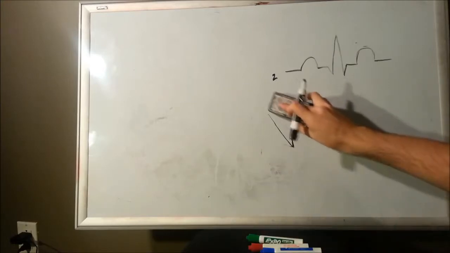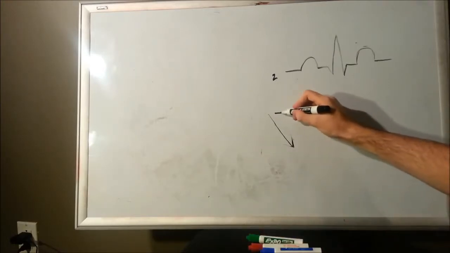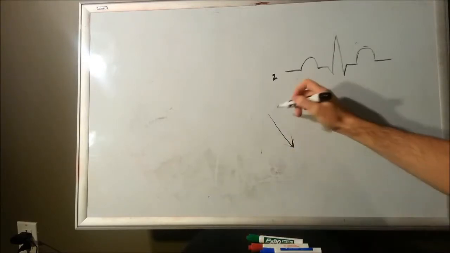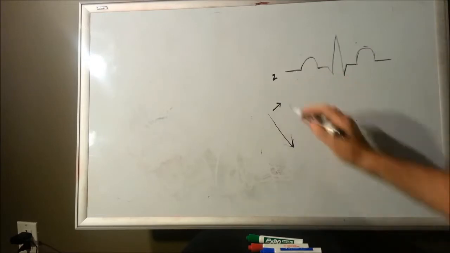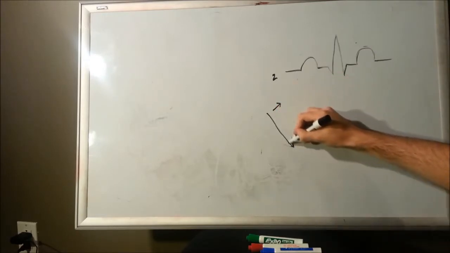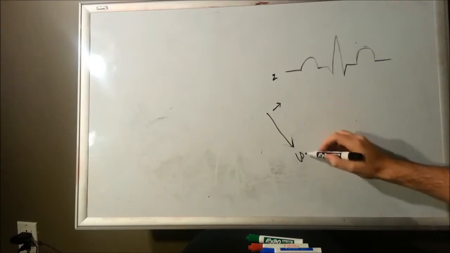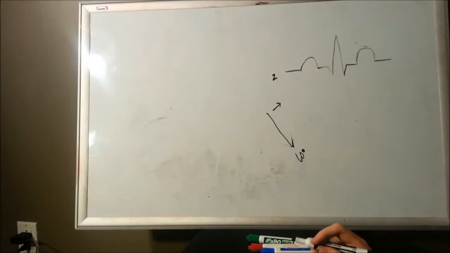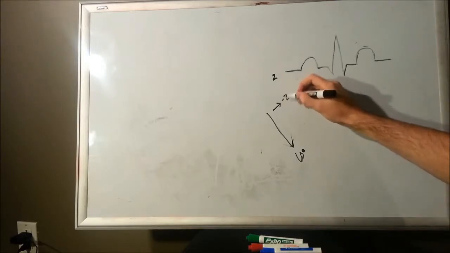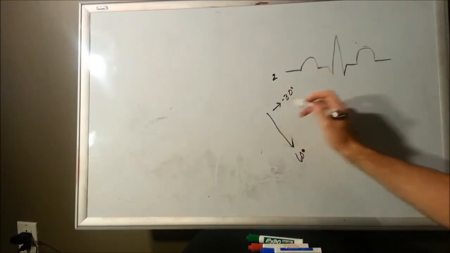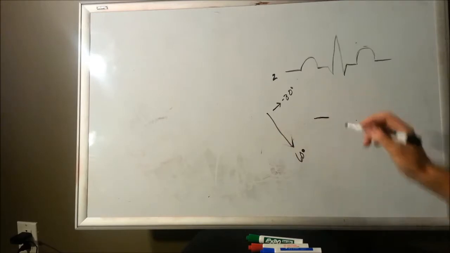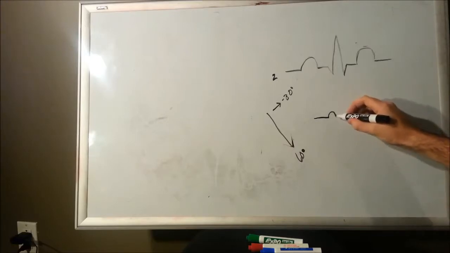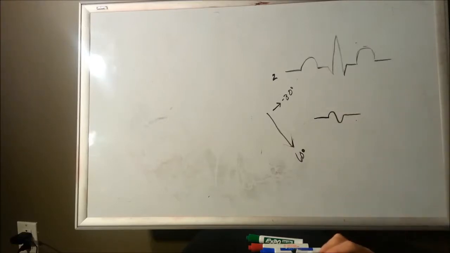But if your heart had a pathology and had an axis shift more so like that, or even perpendicular, a perpendicular line, so if our lead 2 is at positive 60, and let's draw that in, and then our other lead was in the negative 30 direction, so exactly perpendicular, our EKG tracing, let's say for the P wave, we'll draw, is going to be biphasic.